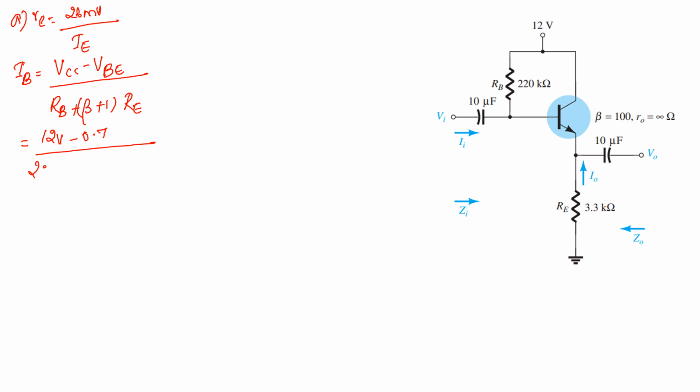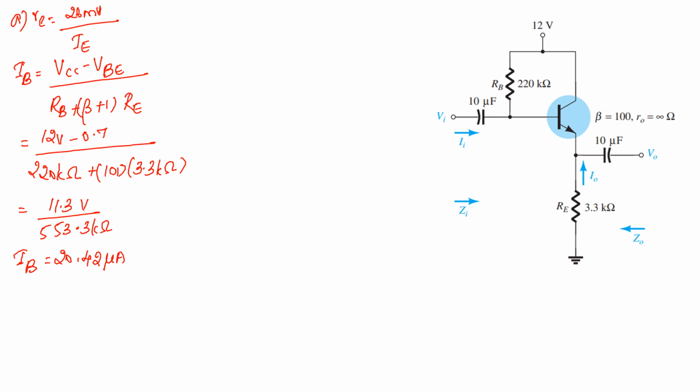RB is 220 kilo ohm plus beta is 100, so 101 into 3.3 kilo ohm. After solving, you will get somewhere near 11.3 volt divided by 553.3 kilo ohm. So IB is 20.42 microampere.